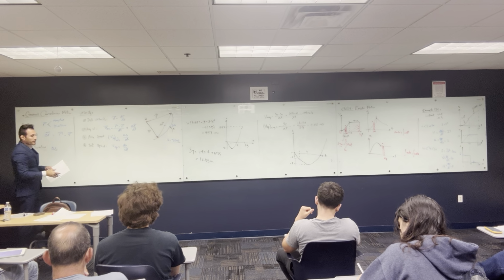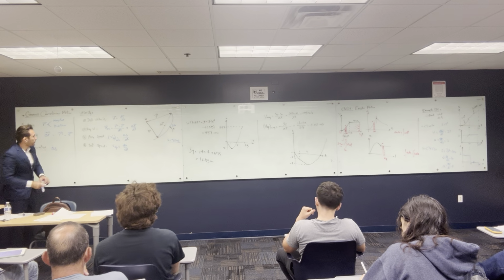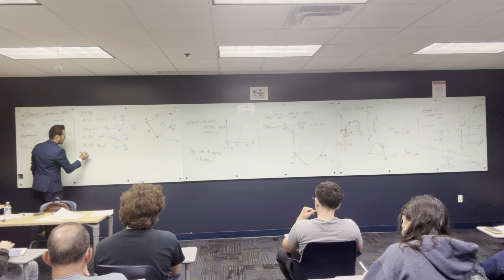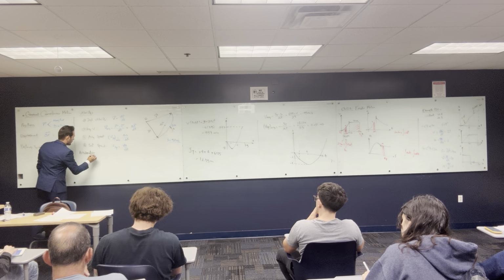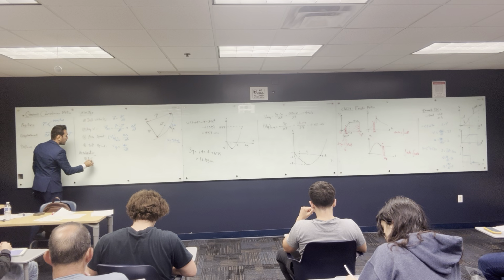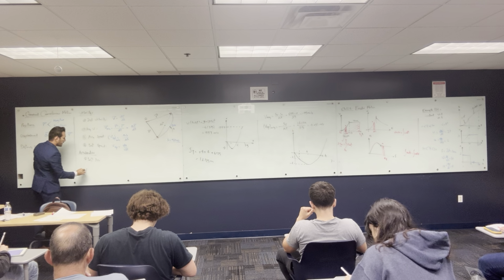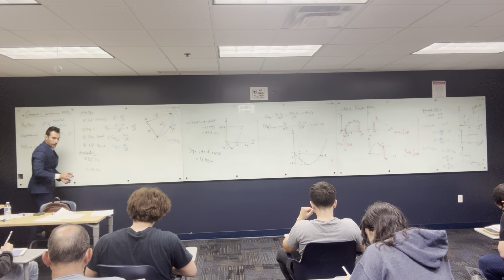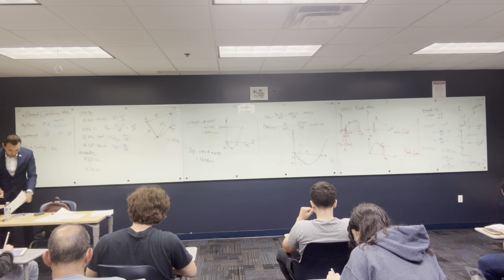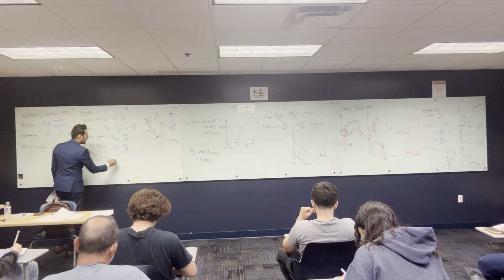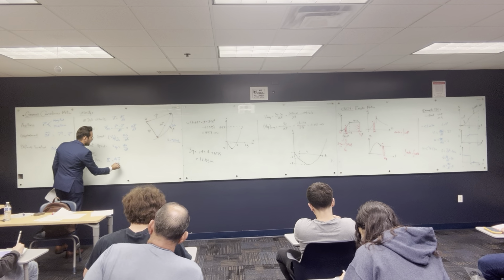Okay, how about the acceleration? The acceleration has two quantities. One is the instantaneous acceleration. The second is the average acceleration. So let's see what is the difference between them. The instantaneous acceleration is very direct, so A is going to be dv dt.